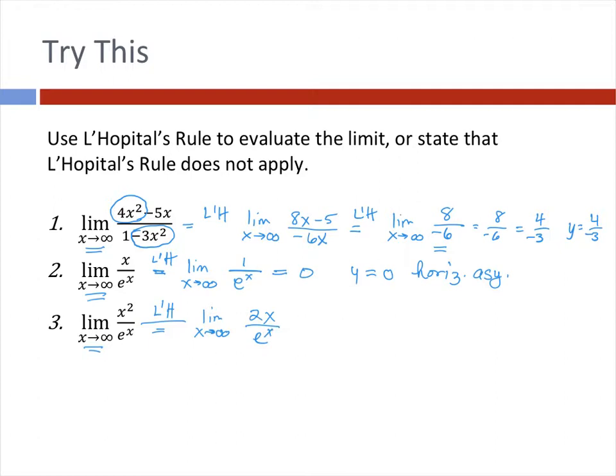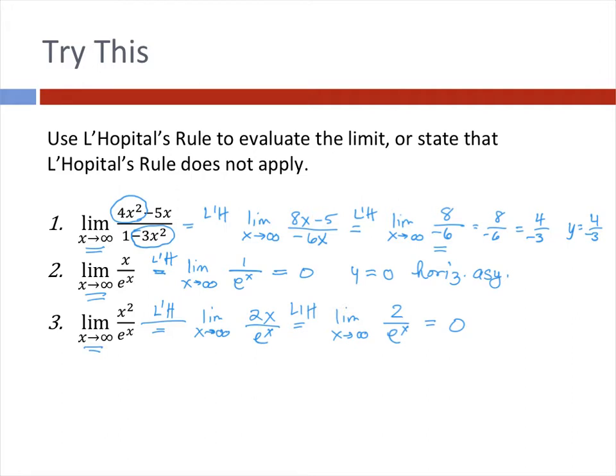Again, I try to take the limit, and I'm going to get infinity over infinity. So let's use L'Hopital's again. And I get the limit as x approaches infinity of 2 over e to the x. And when I take the limit again, I'm going to get 2 over a very, very large number, and so that's going to be approaching 0, isn't it?